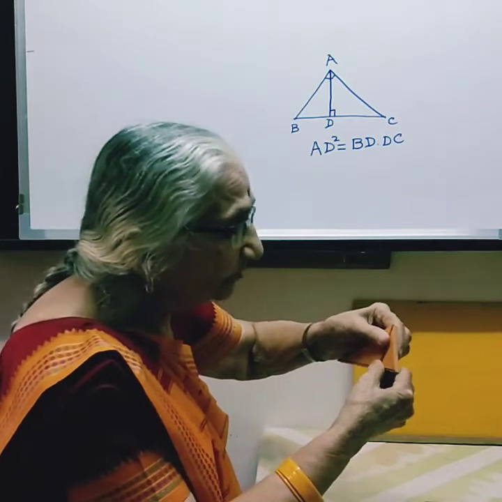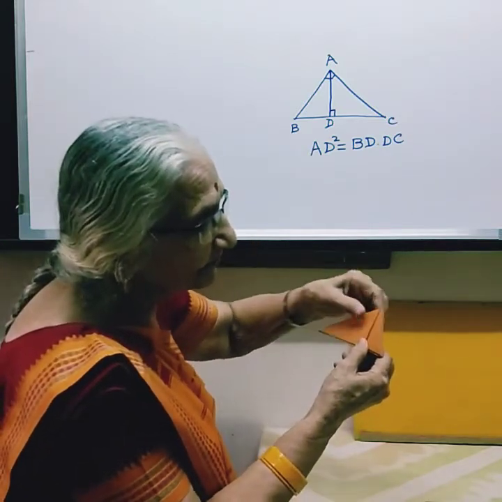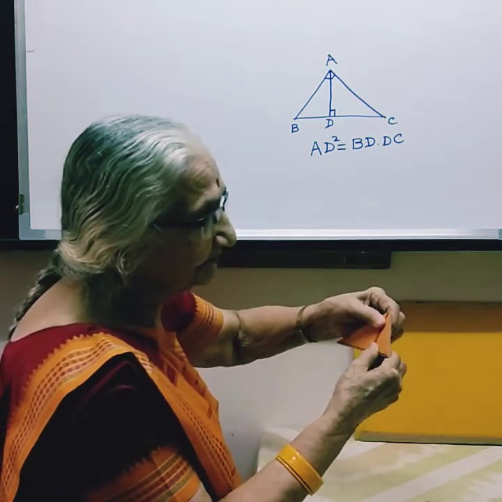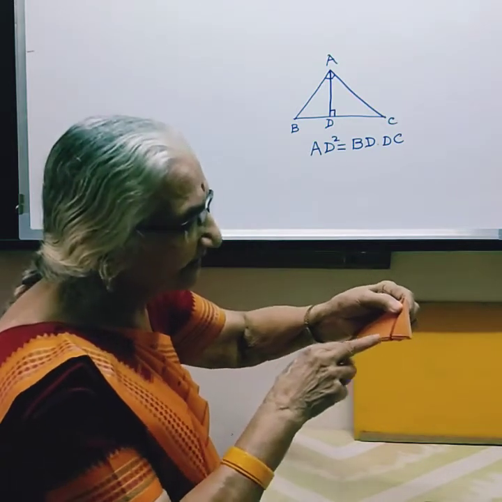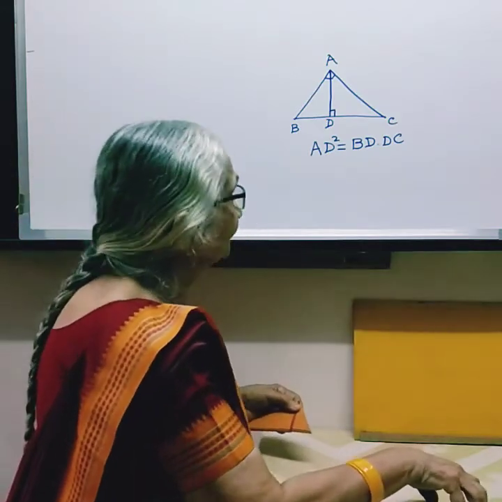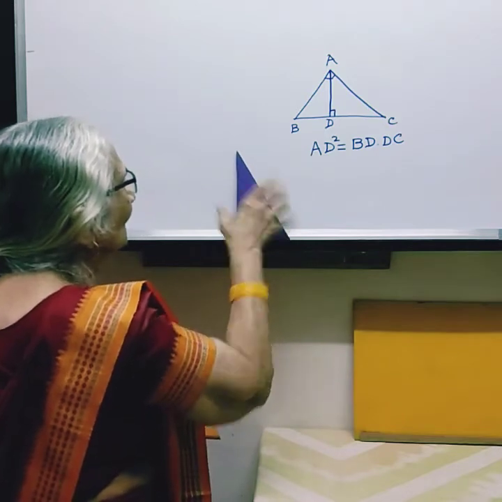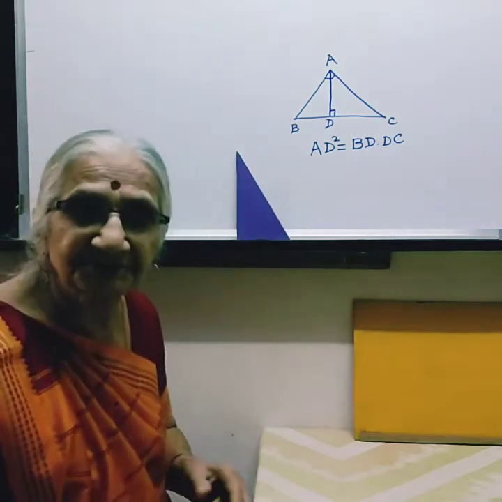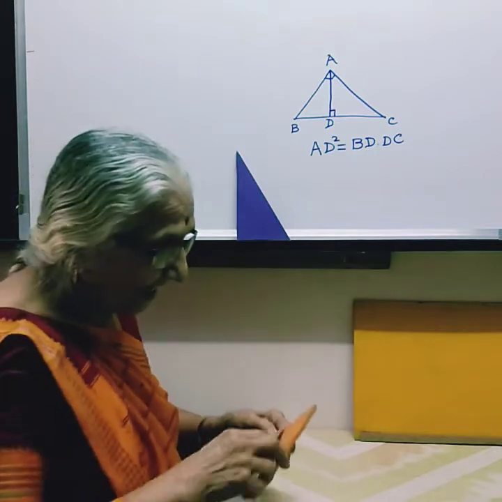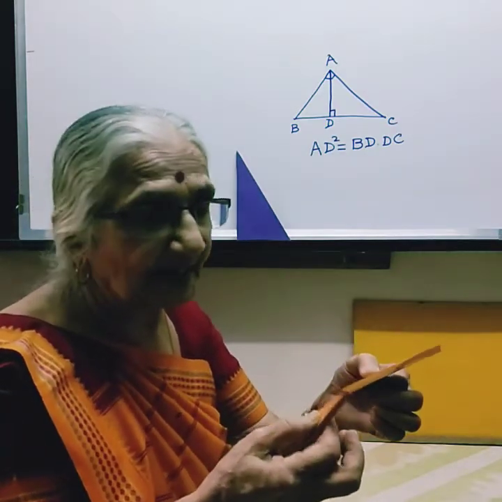Okay, now the result, according to the result, we want to prove that the square formed by this red has the area equal to the rectangle formed by the two green ones. And this is how we do it. We have a big triangle here, and we have already got two pieces from the given right triangle.